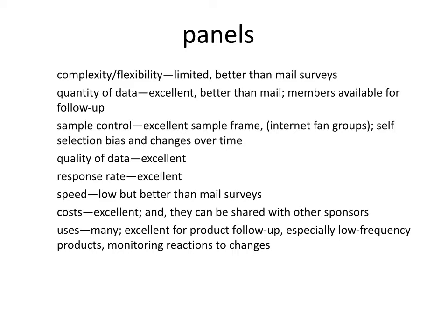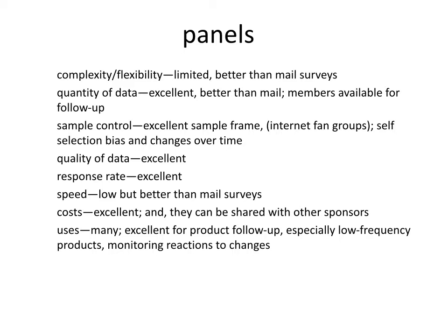Sample control is very good. You can identify, because it's an ongoing panel, the researcher typically will invest more time in identifying the people that he wants to be in the panel, and that's good. On the other hand, there is a self-selection bias.